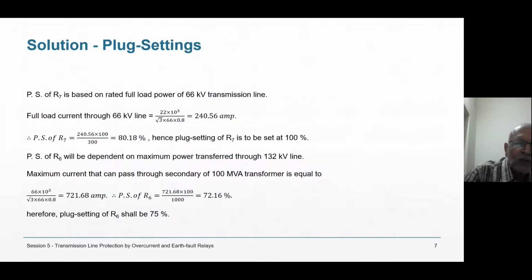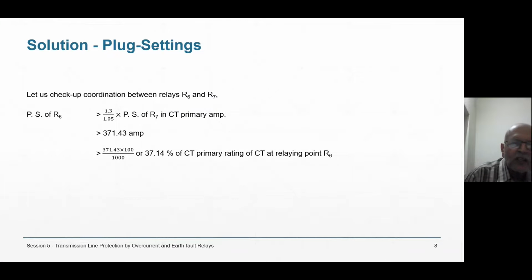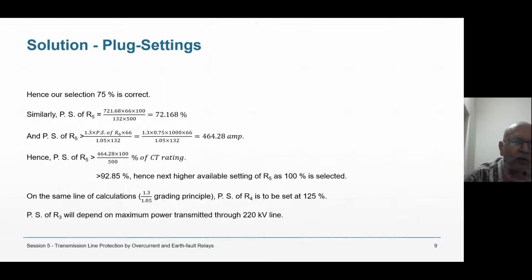So if I consider that 300, 1.3 divided by 1.05 of 300 takes me to 371.43 ampere. That as a percentage of 1000 is only 37.14, so I am coming to only 50%. So 75% is certainly more. So 75% for R6 is correct.